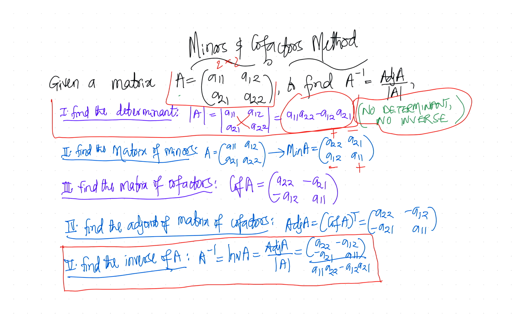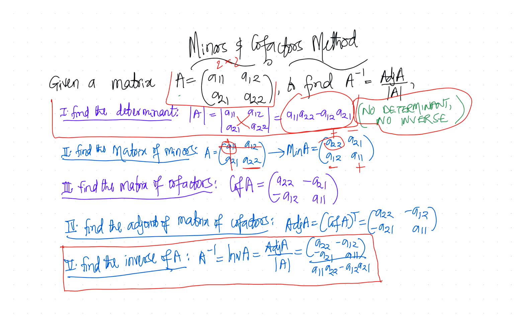The way to find the minor is to cover the row and the column to which it belongs. For instance, to find the minor of A11, you cover the row to which it belongs and the column to which it belongs, and whatever is left, that is A22. So that A22 comes over here and occupies the place of A11. So you can say A22 is the minor of A11.